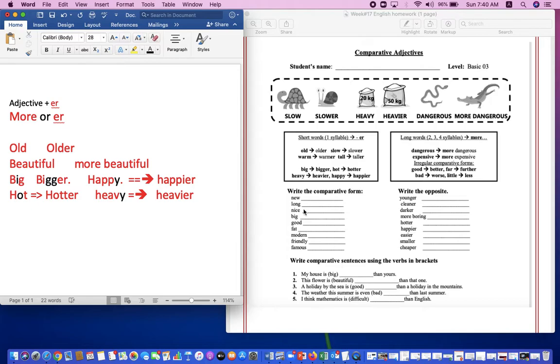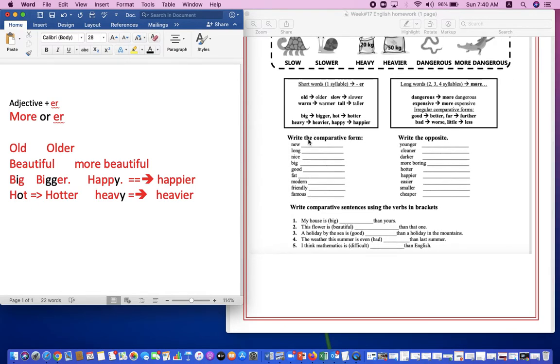Thank you very much. Let's do the exercise. Write the comparative form of new. It will be newer. Long, longer. Nice, nicer.